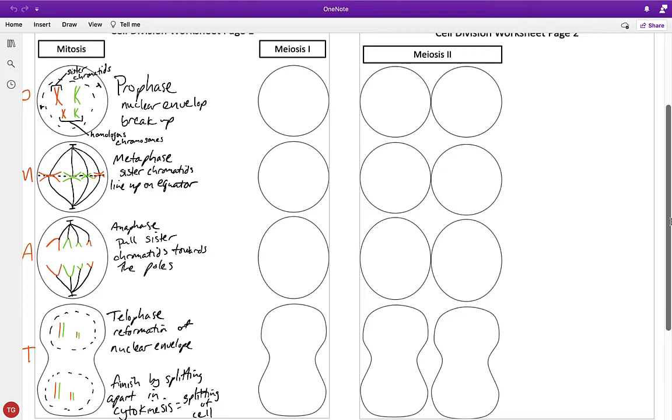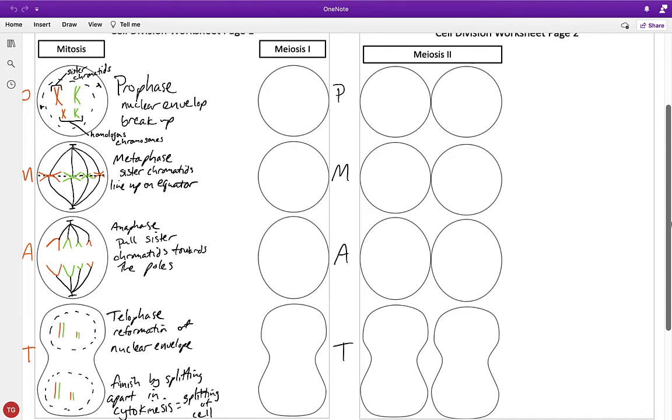And of course, we know roughly how this is going to work, right? Because we've got our acronym of PMAT, and it still applies here. So we can think about how we're going to have prophase, metaphase, anaphase, and telophase.